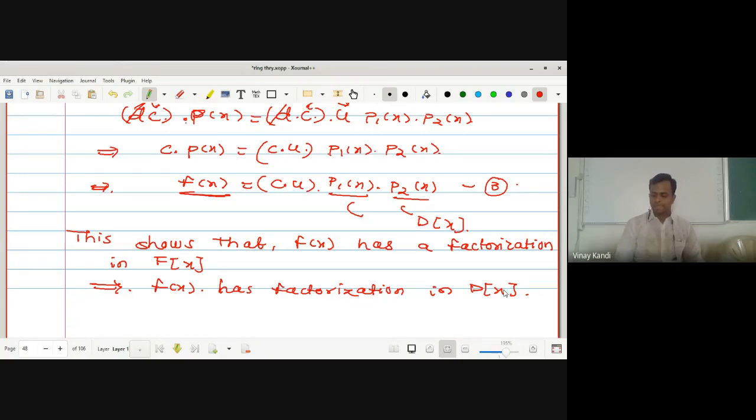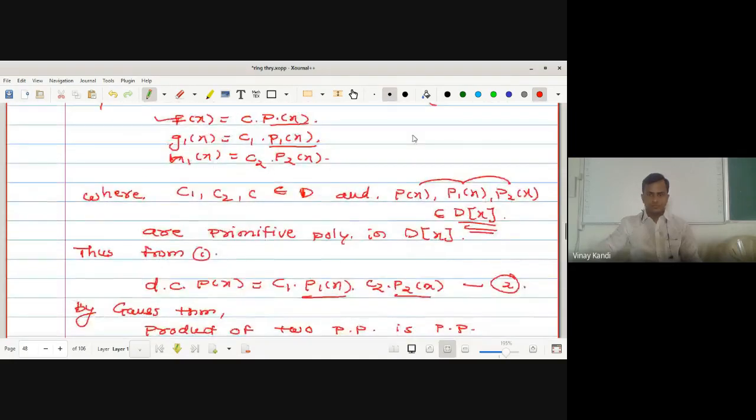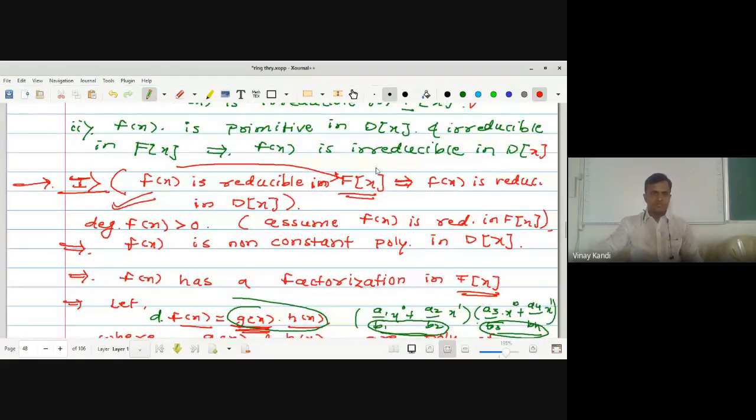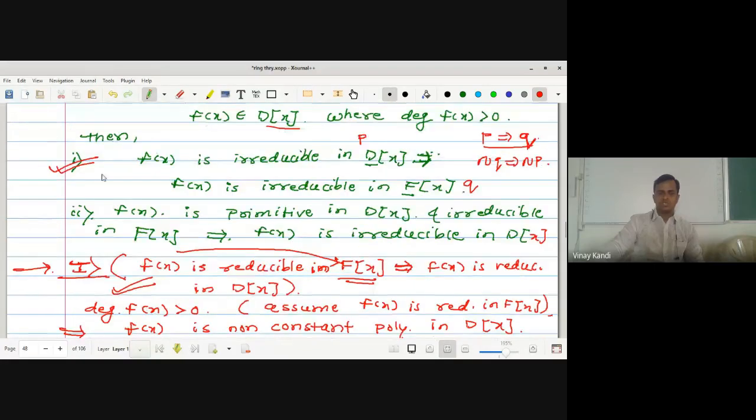That is, if f of x is reducible in capital F of x, it implies f of x is reducible in D of x. Now, what is the negation of this statement? If f of x is irreducible in D of x, then it implies f of x is irreducible in capital F of x. So this is statement number one.